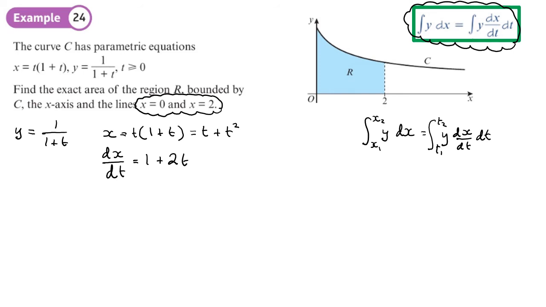Now when my x value is 0, I need to work out what that t value is. So what do I do? I plug it into the parametric equation. So I've got 0 equals t(1 plus t).